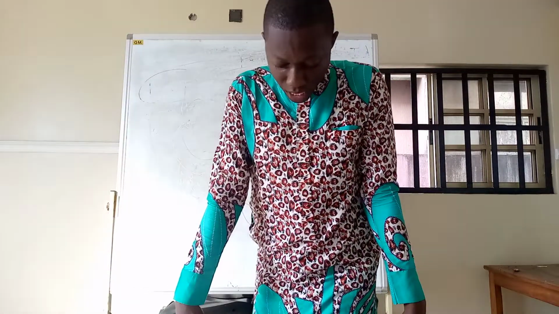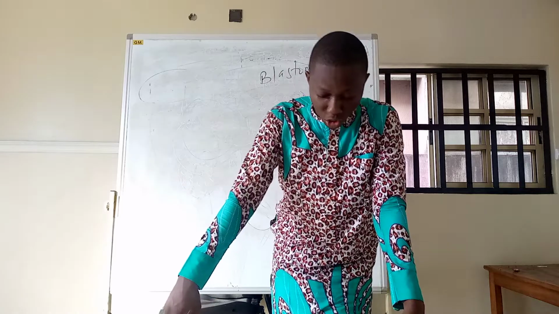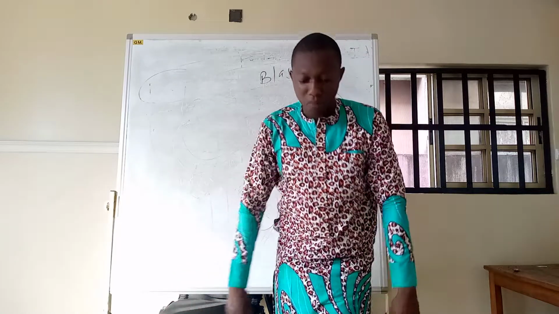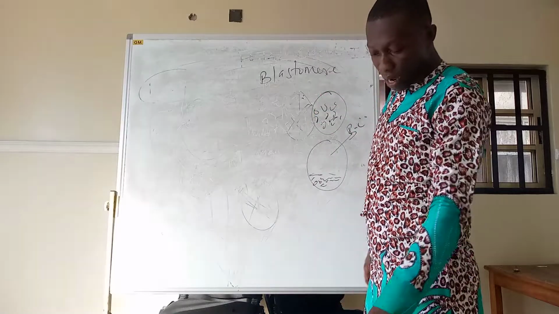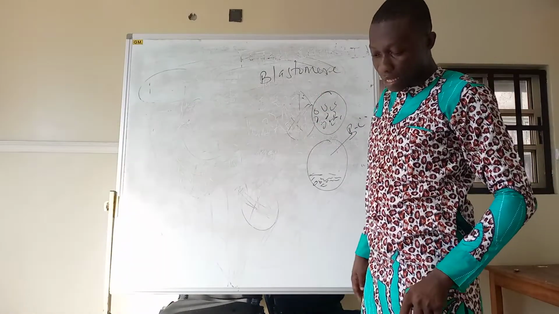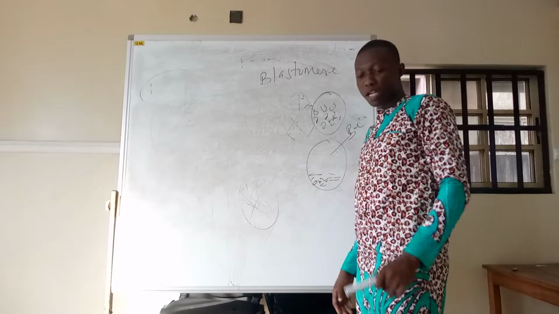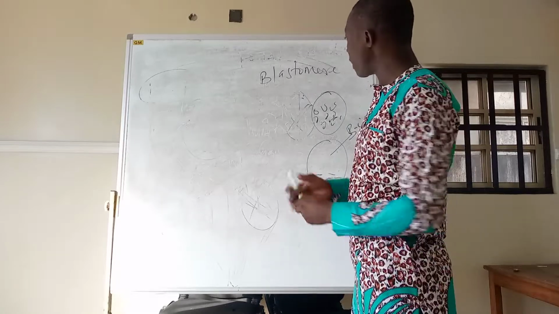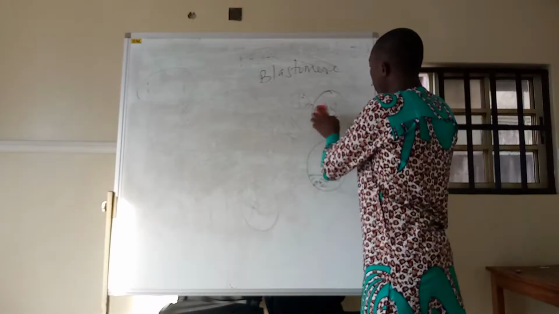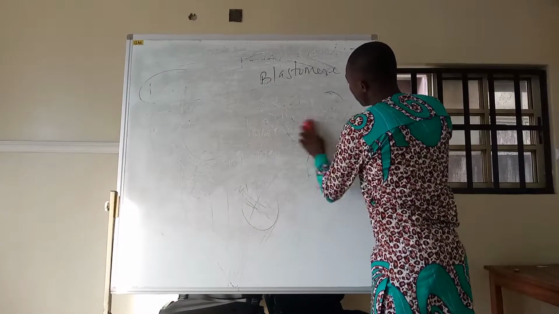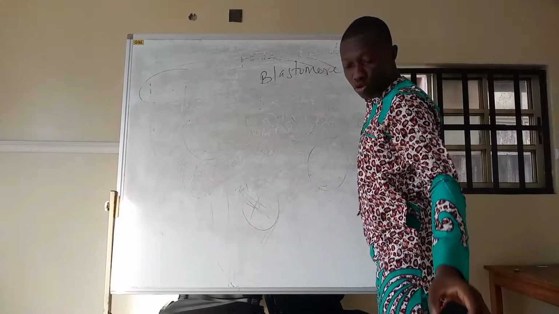Alright. And also the blastomeres have been rearranged to form 2 distinct structures. Number 1, the inner cell mass or embryoblast. Number 2, the outer cell mass, called what?